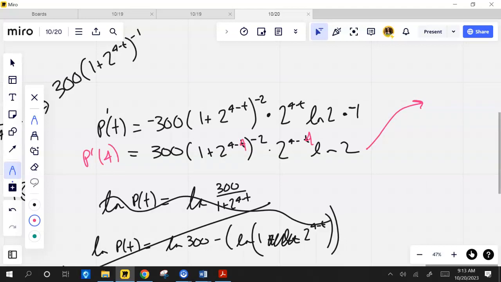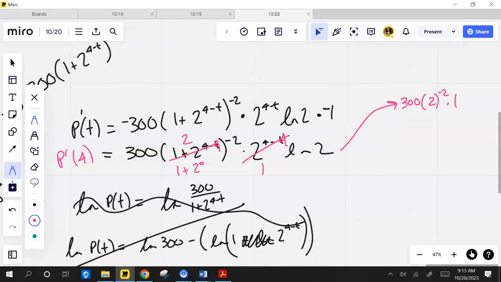All right, so this is 2 to the 0. Anything to the 0 power is 1. So this whole thing here is going to become 2. Y'all agree with that? Because this is 1 plus 2 to the 0. So that's 1 plus 1, which is 2. This is just going to become 1 because it's 2 to the 0. So I'm going to have 300 times 2 to the -2 times 1 times the natural log of 2.